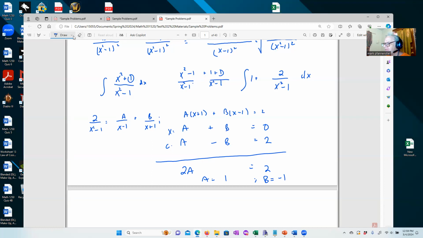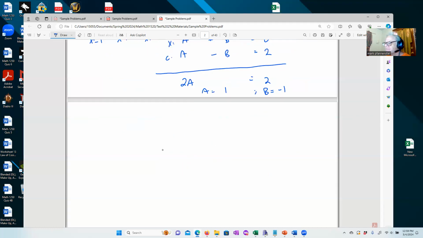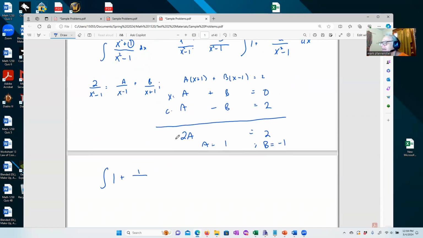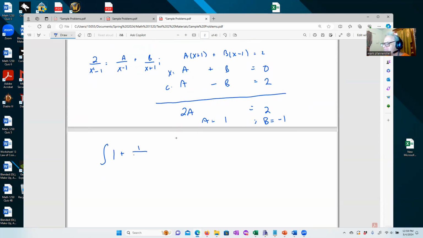So we end up with the integral of 1 plus A, which was 1, over x minus 1, minus B, over x plus 1, dx. We just have to integrate this whole business. So we end up with x plus ln of x minus 1, minus ln of x plus 1.